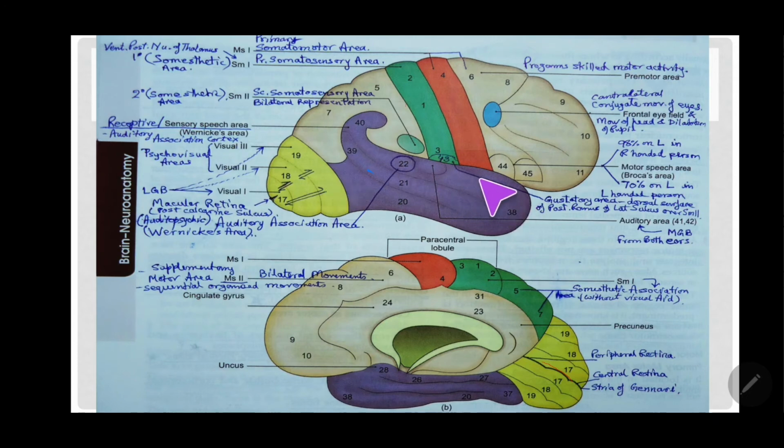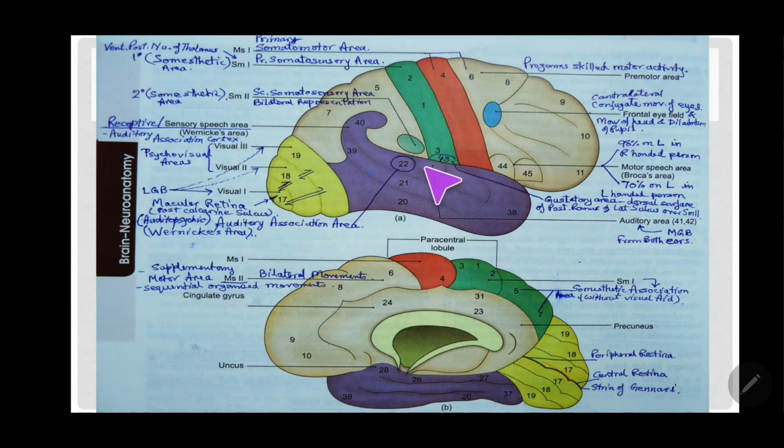Those are reaching into the inferior parietal lobule. Now I am talking about the superior temporal gyrus. As you remember that slide which I had shown you of the sensory homunculus, there I had shown you the posterior ramus of the lateral sulcus, and on the inferior surface of the posterior ramus, this area, that is the primary auditory area, which is present on the superior temporal gyrus. It is hidden down there. It reaches on the inner surface of the superior temporal gyrus.